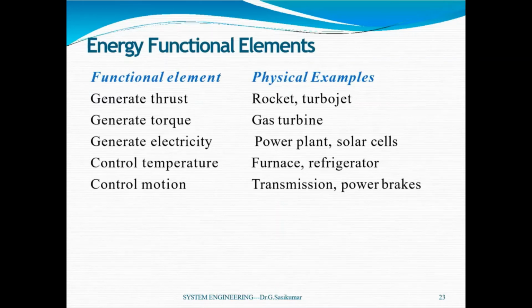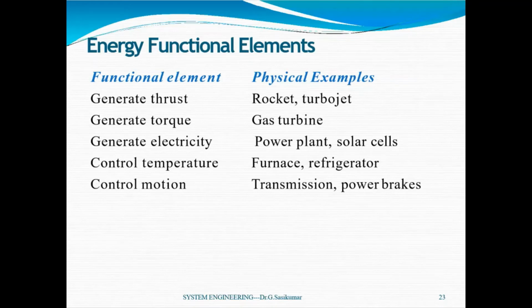How will we get the energy by using the energy? What is the outcome? What is the function? So rocket will generate thrust, and gas turbine will generate torque, and power plant and solar cells will generate electricity, and furnace and refrigerator will control the temperature. Particularly when we need to control the temperature, we need a refrigerator and furnace.